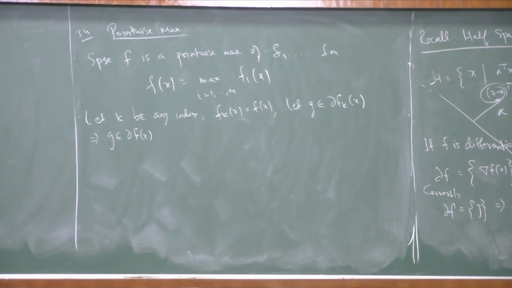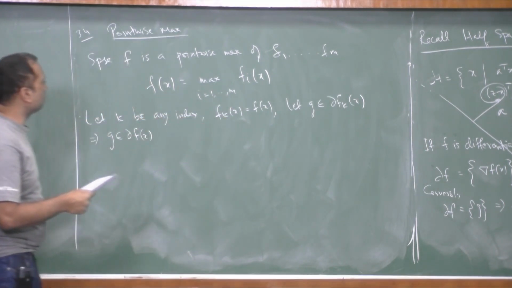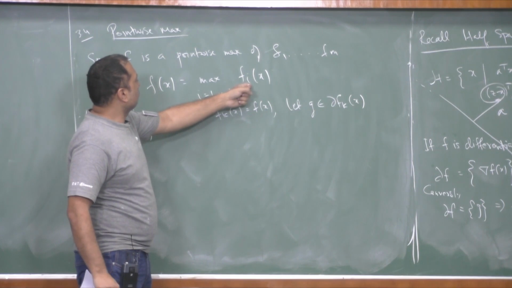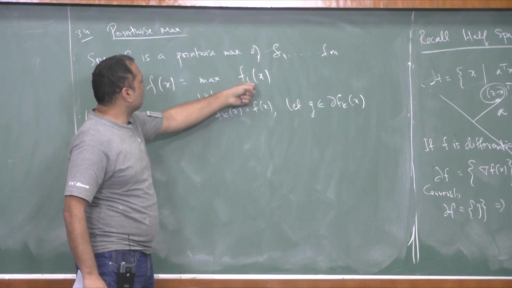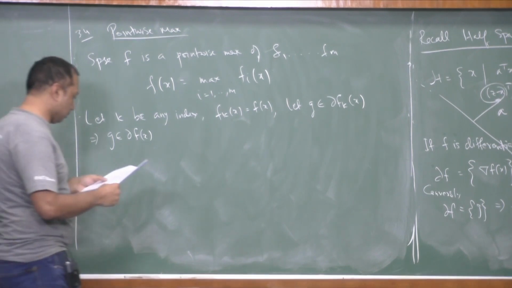So the plan here is to find one of the subgradients of f at x. We can pick one of the subgradients of the function which happens to be the maximum at that point, because f will pick the maximum. So we can pick the k for which fk(x) is f(x), and we can pick the subgradient of fk.